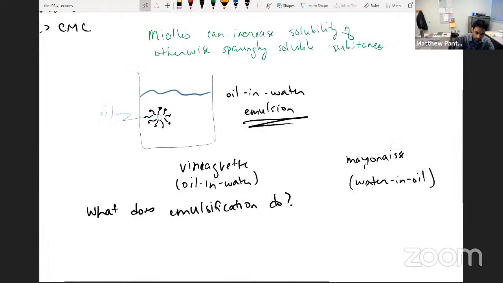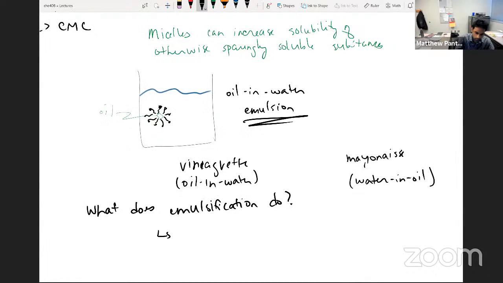It changes certain properties. For example, it creates one homogeneous material from two insoluble materials.